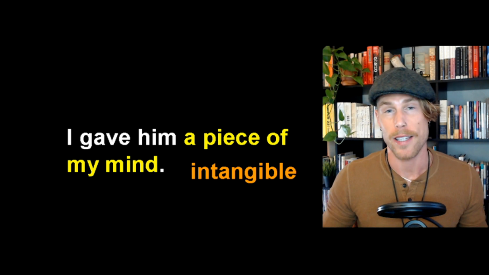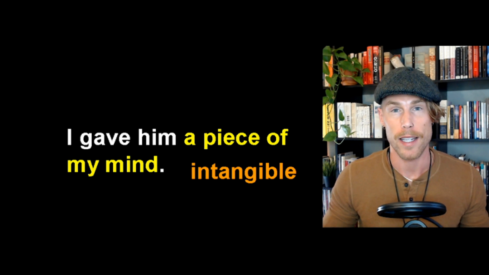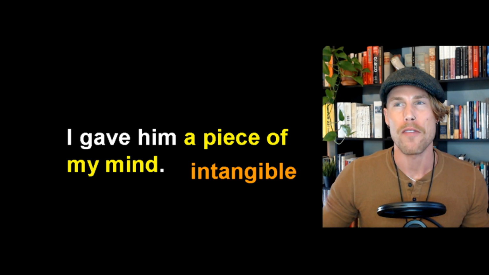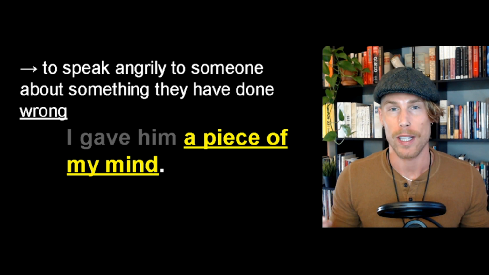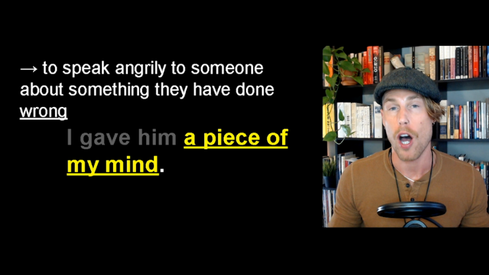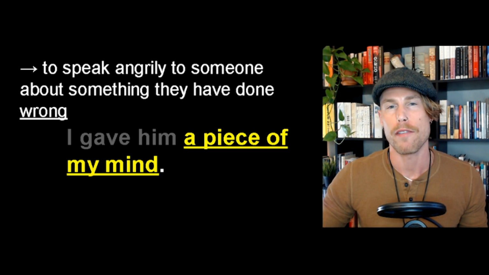It does not exist in reality. I can't touch it. What is a piece of my mind? Well, this is an expression. A piece of my mind means to speak angrily to someone about something they have done wrong. You give him your angry opinion about him.